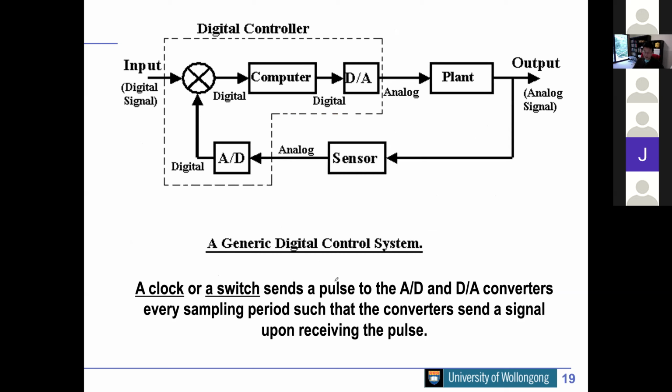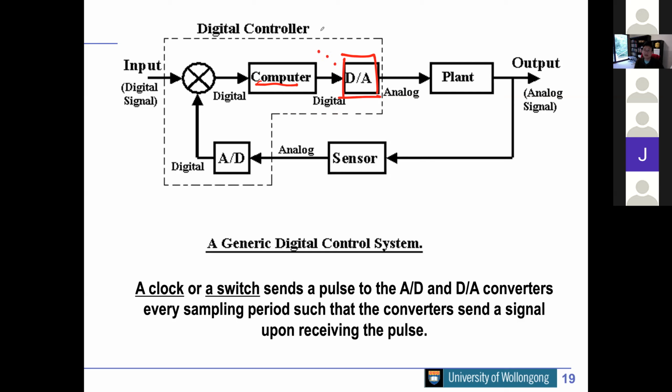For a digital control system, there are two additional components. One is the digital to analog converter. This is when your controller is a computer running a certain algorithm, and the output is a number, a number with a sampling time.